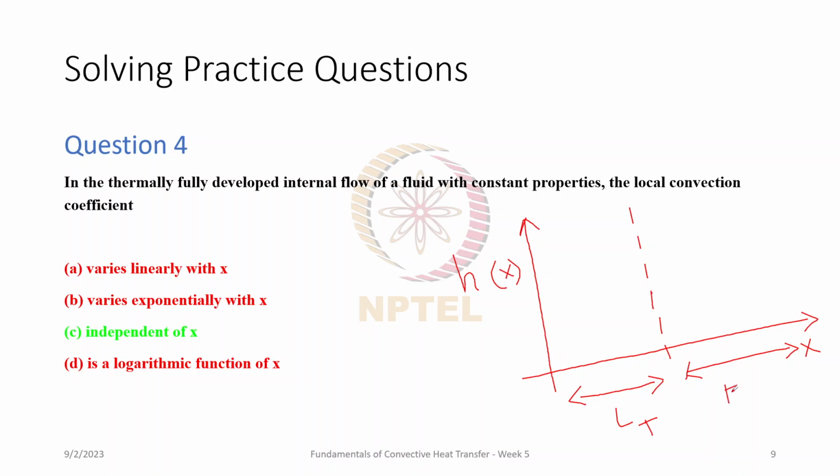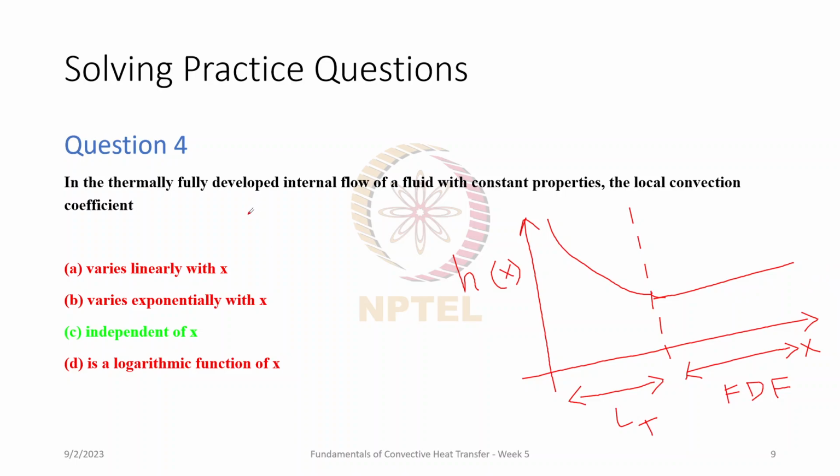I'll call this FDF, meaning fully developed flow. And h of x becomes constant at fully developed flow. And we will see that it is very high in the entry length. So this is how the variation of h_x goes.